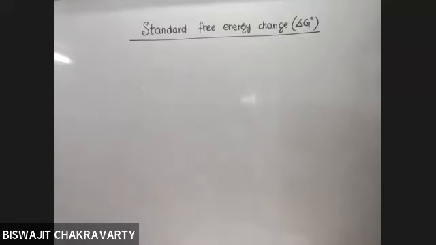What is standard free energy change? Let us try to understand. In order to have standard, the conditions maintained should be 298 Kelvin and 1 bar pressure. Whenever we maintain the pressure to be 1 bar and the temperature to be 298 Kelvin, the free energy change for a process will be called standard free energy change.